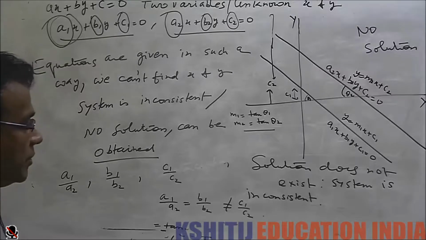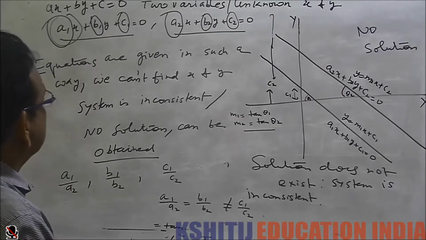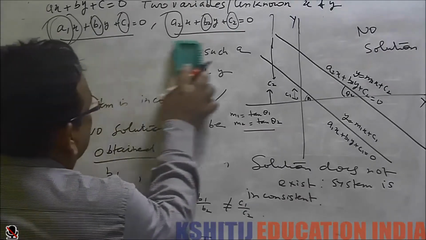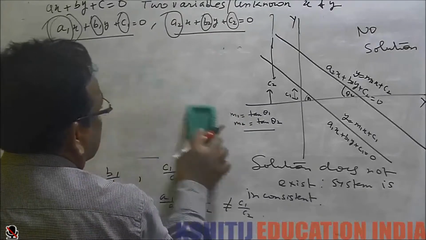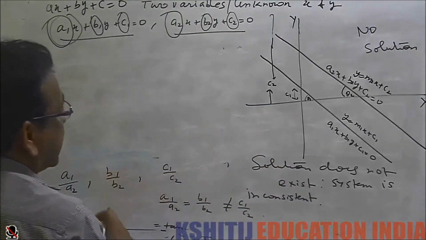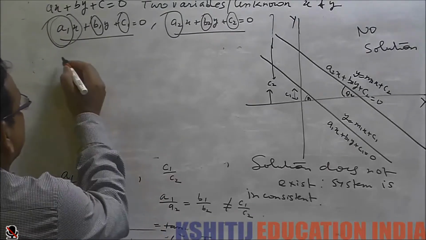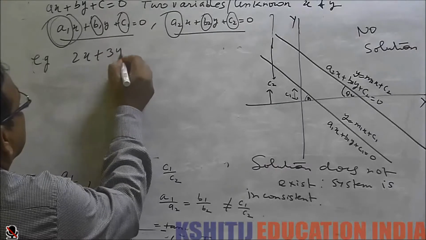What happens? Now, for example, let's say I have 2x plus 3y is equal to 7.